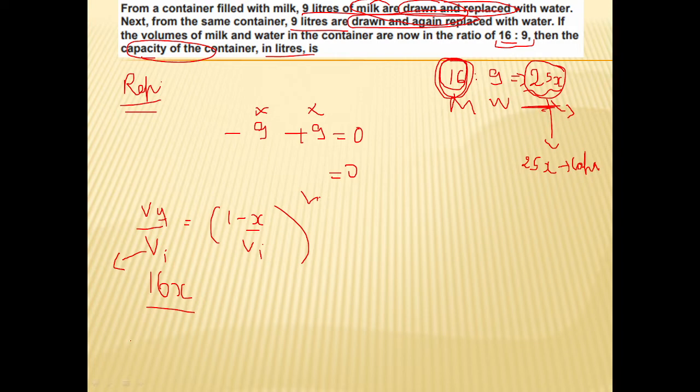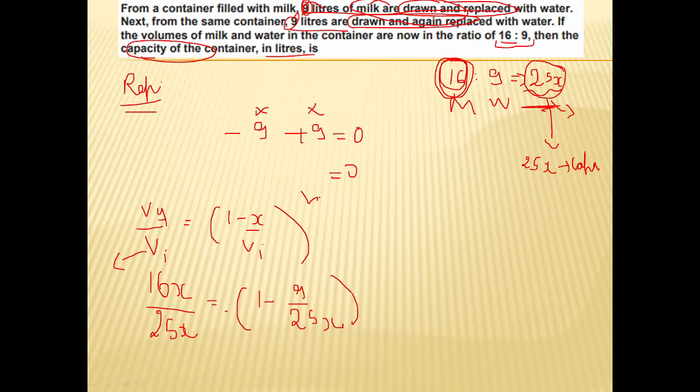So 16x by 25x equals 1 minus x, where x is the quantity amount replaced, that is 9 liters, divided by the initial volume 25x.